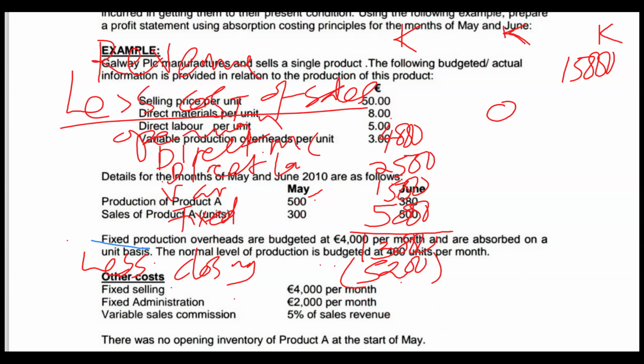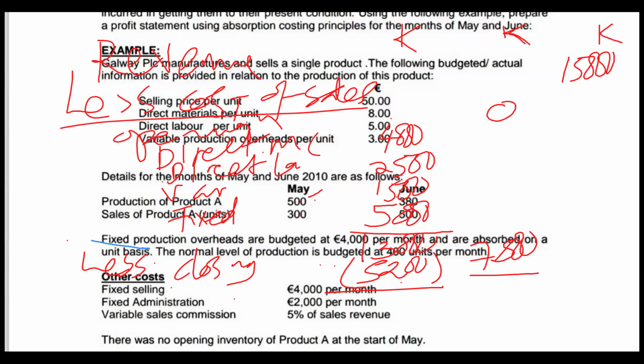So now when we do this, we take the difference. 13,000 minus 5,200. What do you find? 7,800. Then to this amount, what are we supposed to do?